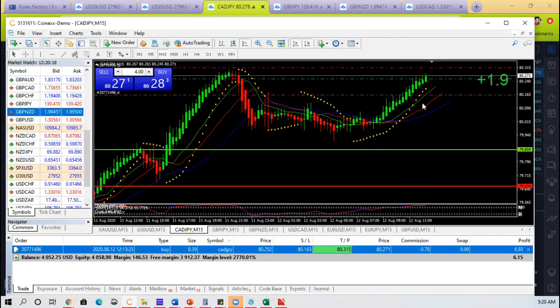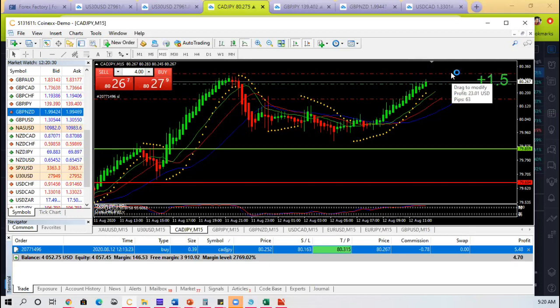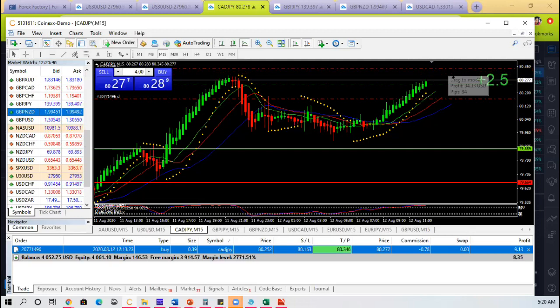I'm going to lay it down. As you can see, that is 6.3 pips. Let me adjust this over here so we can move it, so we can get our 10 pips. What is it here? Okay, 9.4.